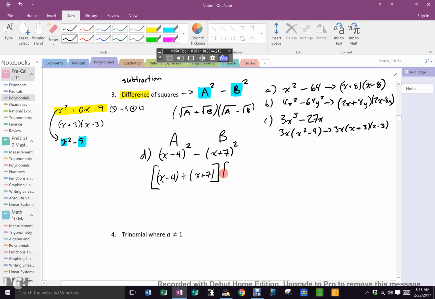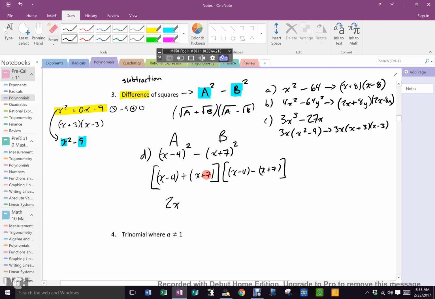And then the next set of brackets is the square root minus the square root. And now what must I do in there? Collect like terms. x plus x is how many x's? 2x.